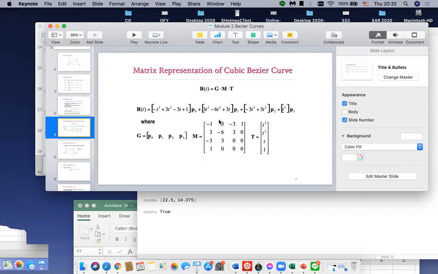If you want to draw the curve using the Bernstein polynomial form, you may have to use MATLAB or Mathematica because they are good at symbolic computation. But if you have C or Java programming, maybe you have to use the Casteljau algorithm. But anyway, the Casteljau algorithm is a recursive algorithm.